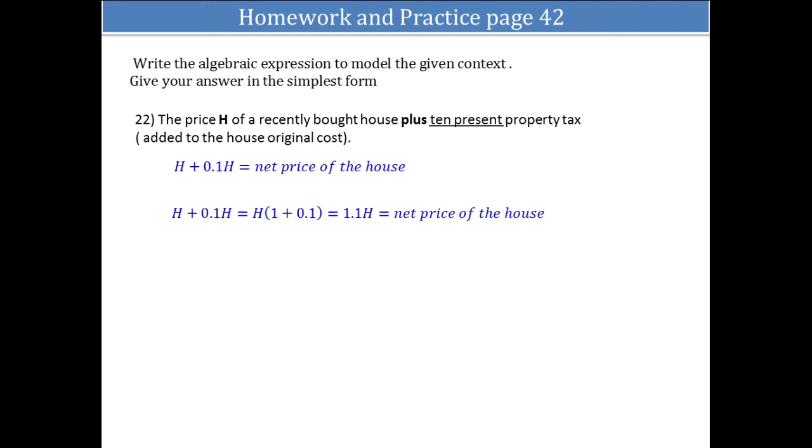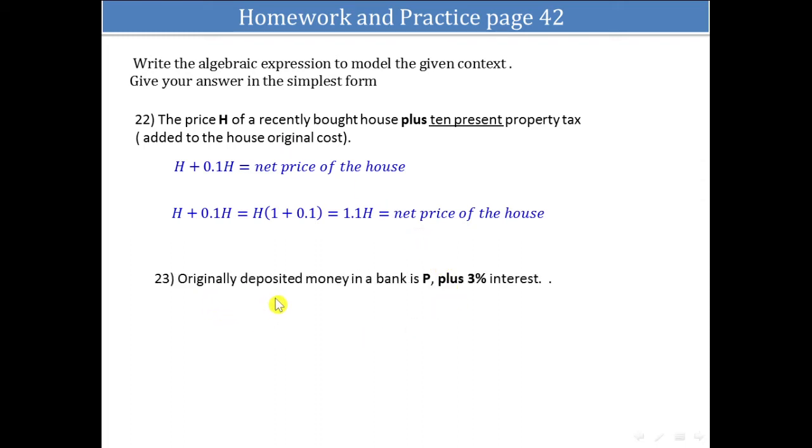Okay, how much tax? 10% of the original price of the house. So 10% multiplied by the original price of the house, you determine the value and you add this value to the original price of the house. So the house is getting now more expensive.